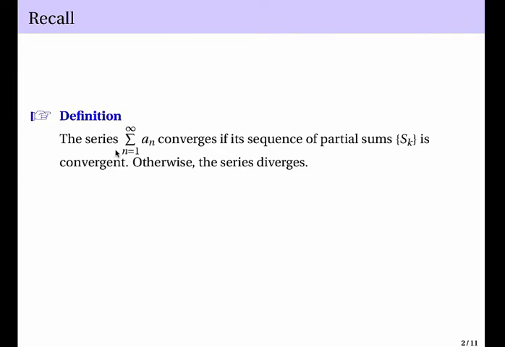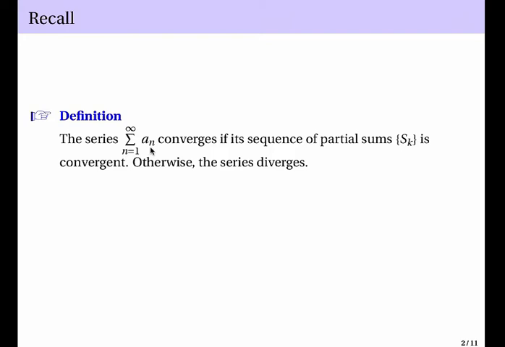First, the definition of the convergence or divergence of a series. The series sum from n equals 1 to plus infinity of a sub n converges if its sequence of partial sums s sub k is convergent. Otherwise, if this sequence of partial sums is divergent, then this series is also divergent.